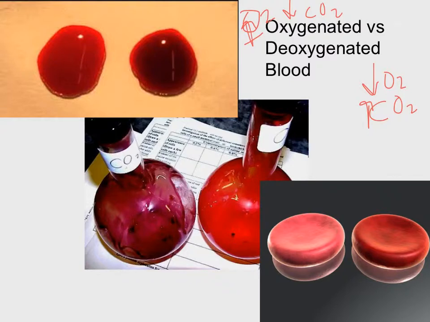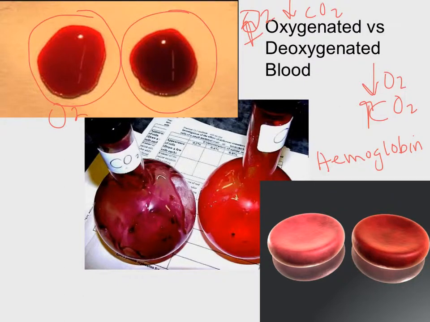And there is a protein in blood called hemoglobin, and hemoglobin's job in the red blood cell is to primarily latch onto oxygen. And when it does that, there's a chemical reaction that occurs, and it actually changes color. So this is some oxygenated blood, and you can see that it is brighter red than deoxygenated blood.